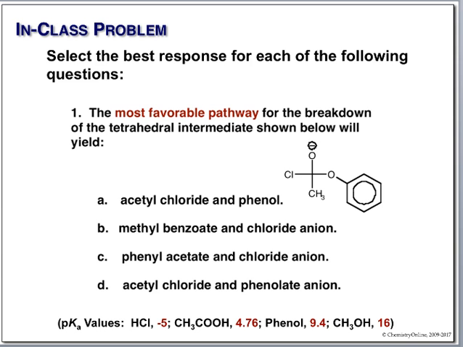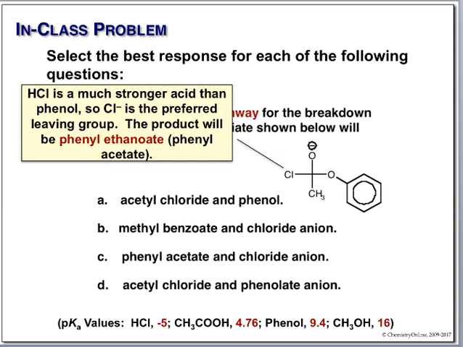Here is chloride. Chloride has a pKa of -5. This half would be phenol, pKa of about 10. Now, which one is going to leave? The strongest acid. The strongest acid is going to leave.